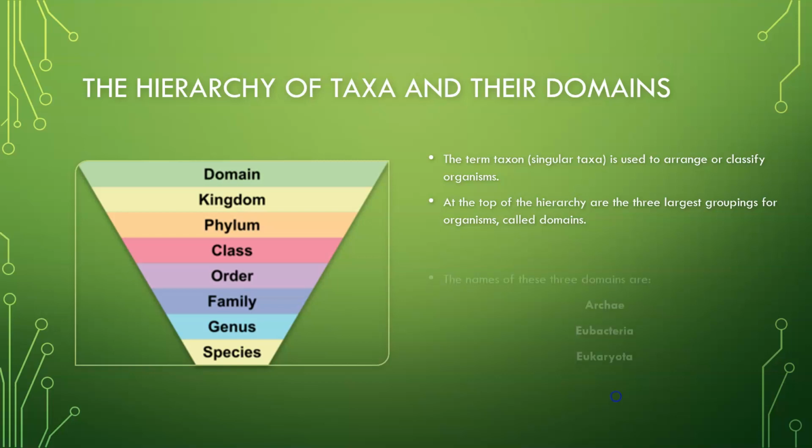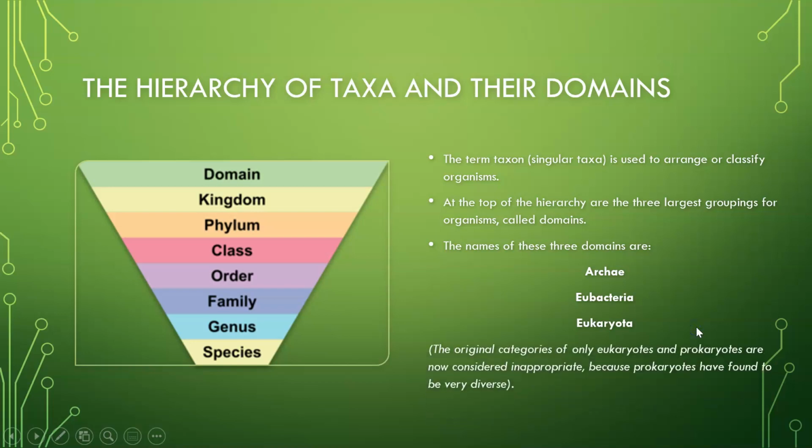Okay, so we've got archaea, eubacteria, sorry, I'd done kingdoms just now, archaea, eubacteria, and eukaryota. The original categories of eukaryote and prokaryote are now considered inappropriate because prokaryotes have been found to be very diverse. So this is an area that's continuously changing with more and more research.